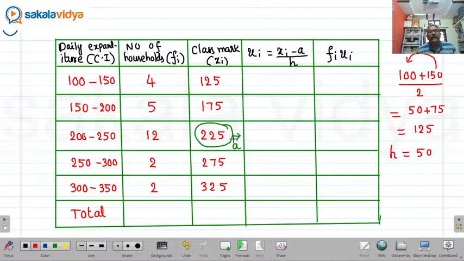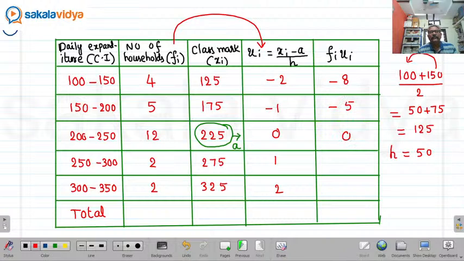Corresponding to this A, write down 0, and then 1, 2 on one side, and obviously -1 and -2 on the other. Now Fi into Ui you need to multiply: 4 into -2 is -8, 5 into -1 is -5, 0, 2, 2 into 2 is 4.